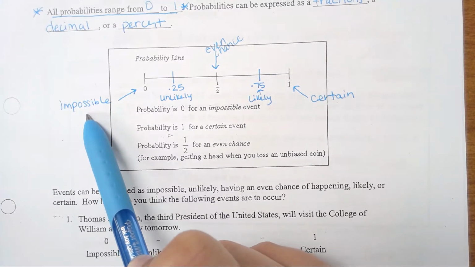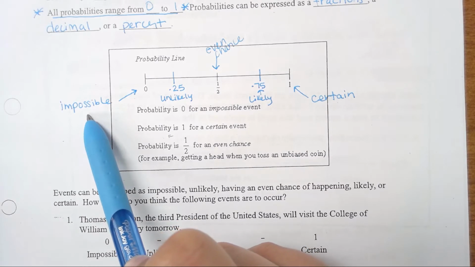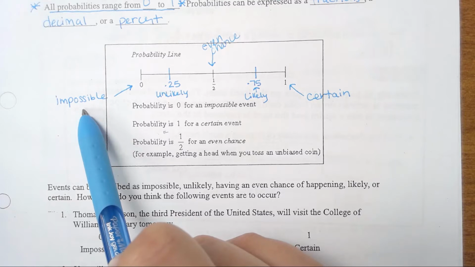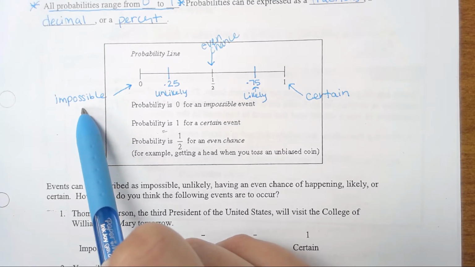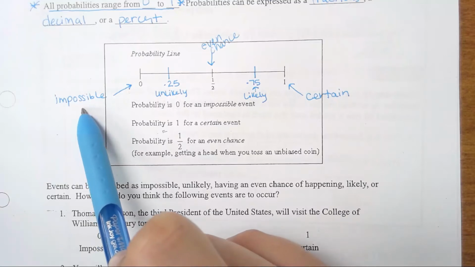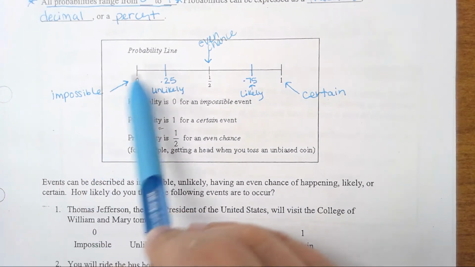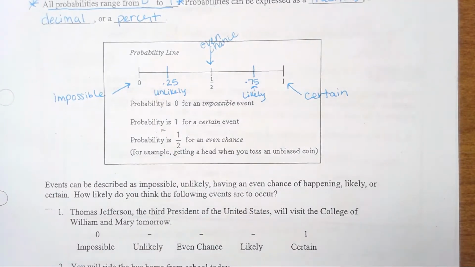For example, if I were to roll a die, numbers on a die range from 1 through 6. If I asked what's the probability of rolling a 7, you would say there's not a 7 on a number cube. So that probability would be 0 because it's impossible to get a 7 on a number cube.